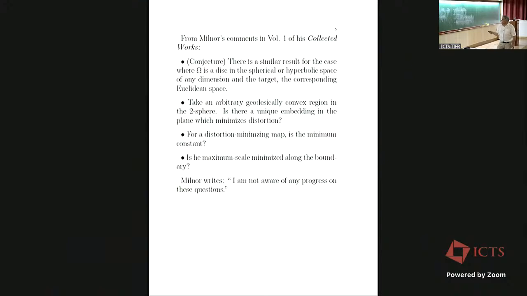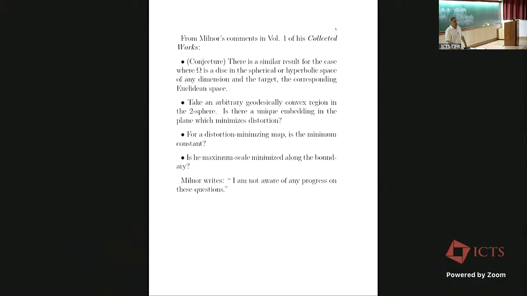For instance, for a distortion minimizing map, is the maximum scale minimized along the boundary? He's thinking here of some kind of heat equation problem, and so on. So there are still several open problems, for best distortion maps from the sphere to the plane.